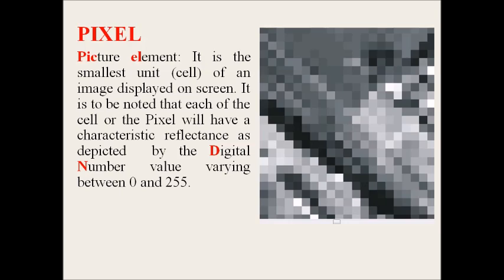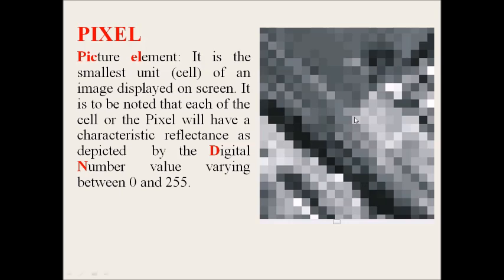In this image, it can be noted that each cell or pixel has a characteristic reflectance and is depicted by the digital number value varying between 0 to 255.